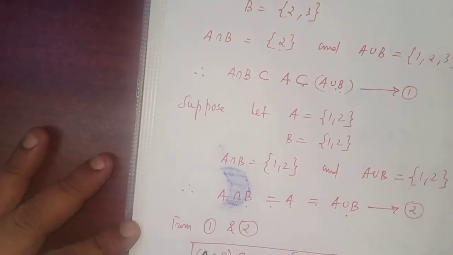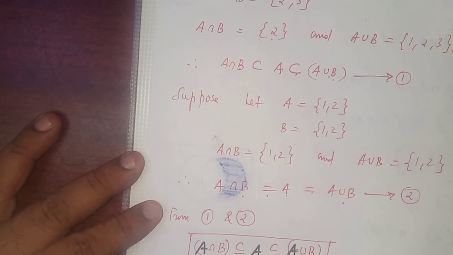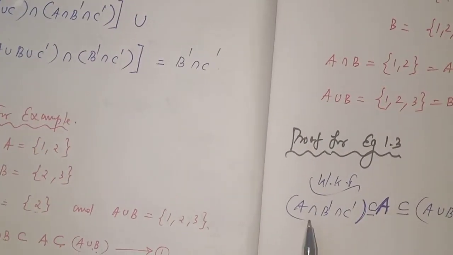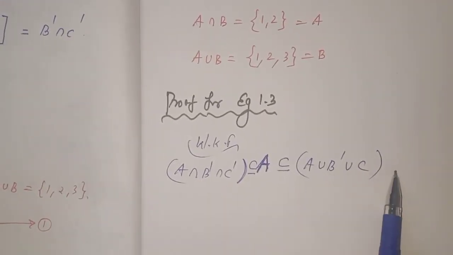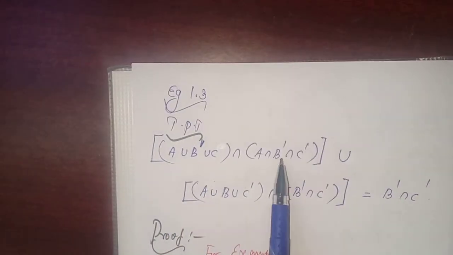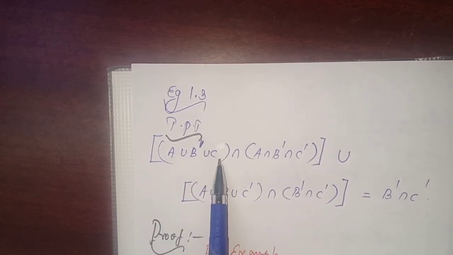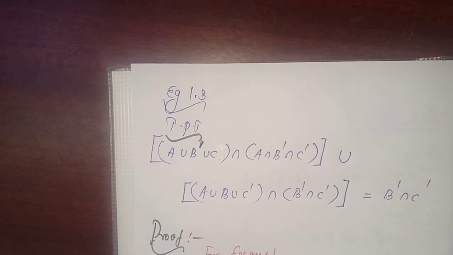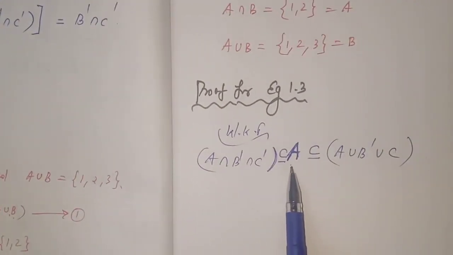What is in the left hand side? We have intersection. Right hand side we have union. Look at that. Full of intersection. Here full of union. We have taken these two from here only. This is full of intersection. Here full of union. We have taken the common one, A, at the middle.